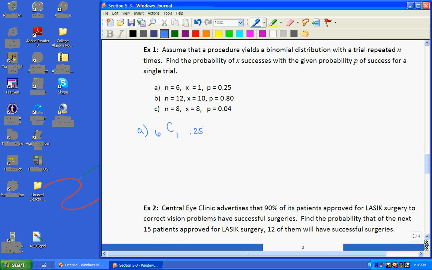The probability of a success is 0.25, and that's only going to happen once. But the probability of a failure is 0.75, 1 minus 0.25, and out of the 6 trials, that's going to happen 5 times. So I can put that all in my calculator. Remember to type in your 6 first before you go get your nCr function in your calculator.